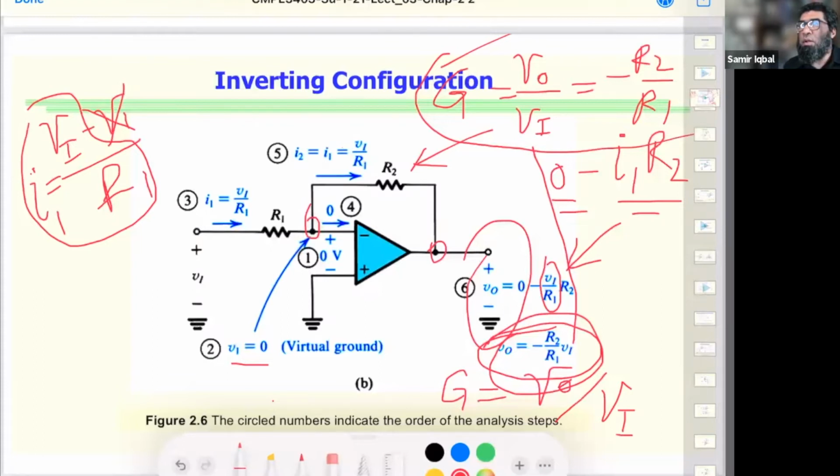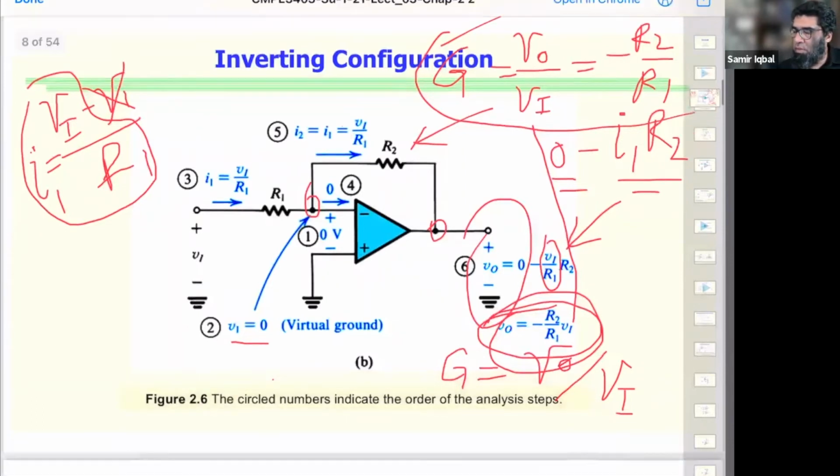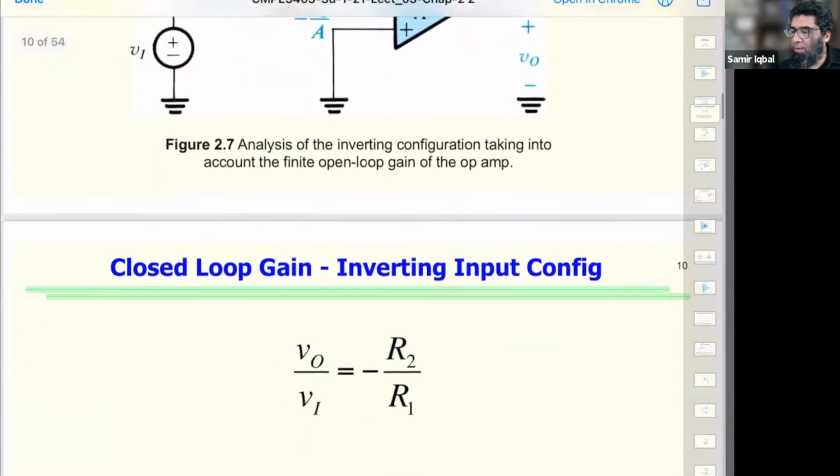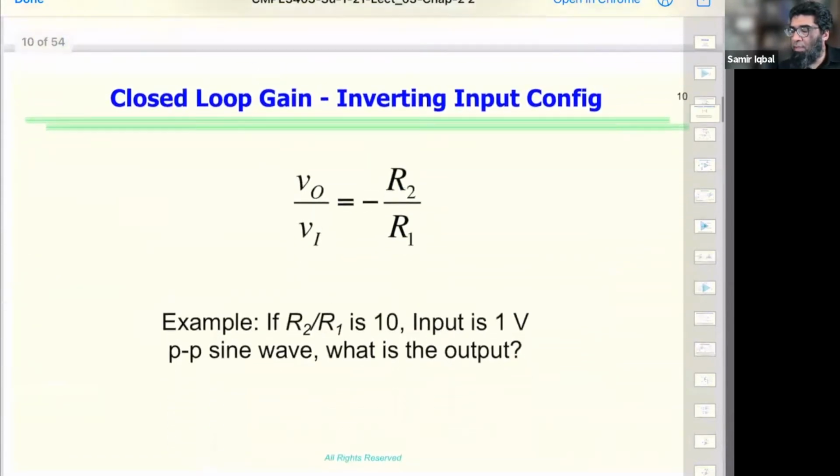Which means my closed loop gain is this.